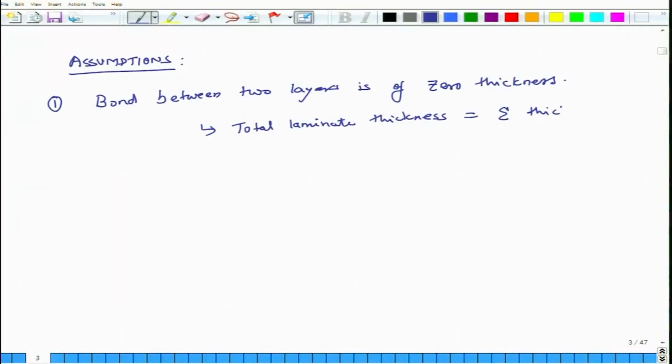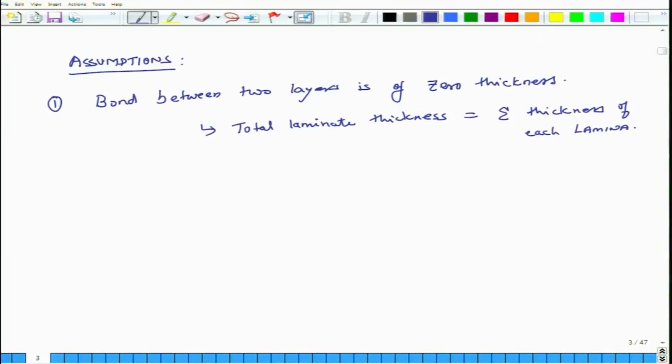What that means is that total laminate thickness equals the sum of thickness of each layer, each lamina. So, we do not have to worry about the thickness of the bond between two layers.